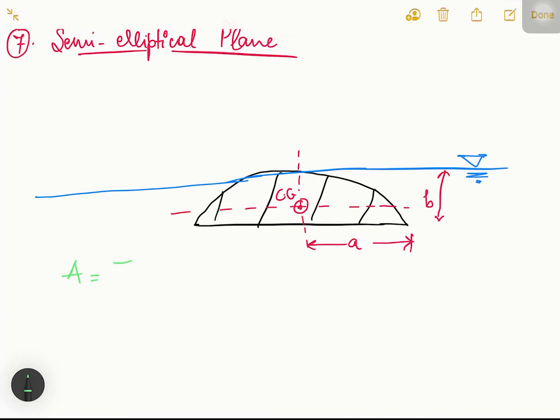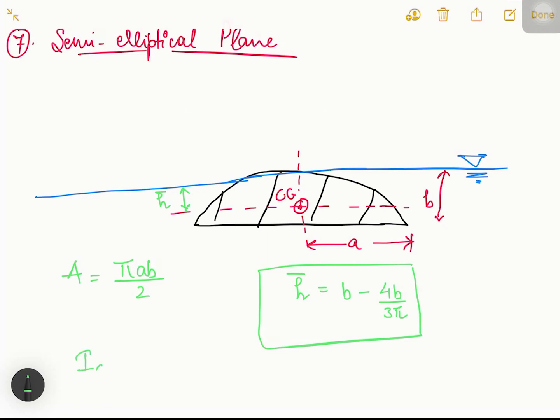Here the value of A will be pi AB by 2. The value of h bar, that is this value, will be equal to B minus 4B by 3 pi, and the value of ICG will be equal to 0.1097 AB cube.